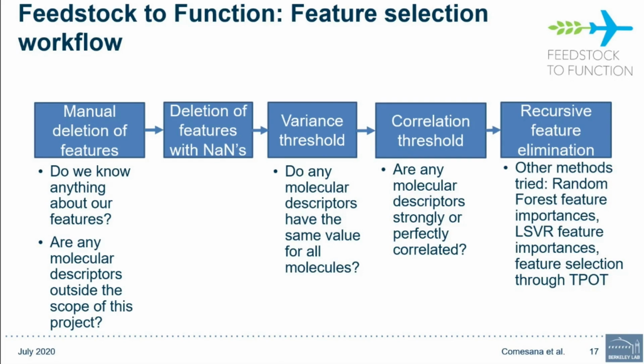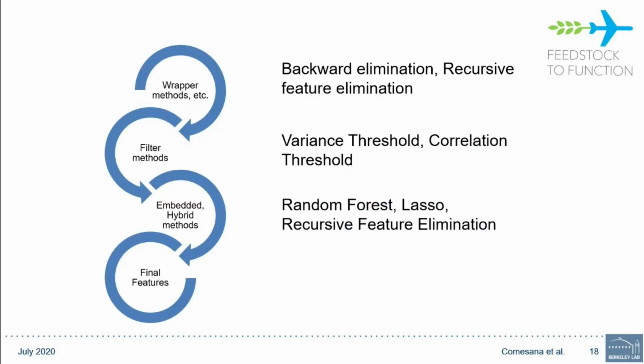We tried different methods, such as random forest feature importances. We also tried linear support vector regressors, as well as lasso regression and other methods. And here is a more detailed view of that last step and how it came about.